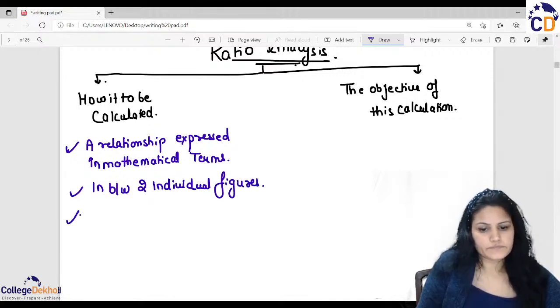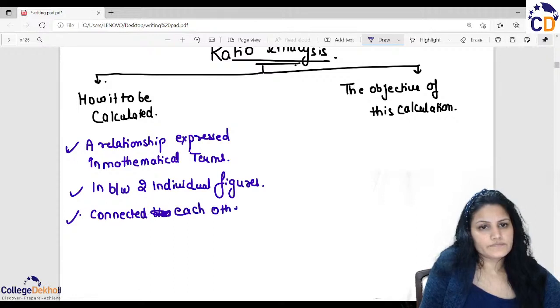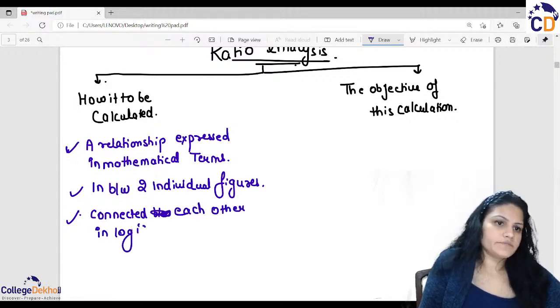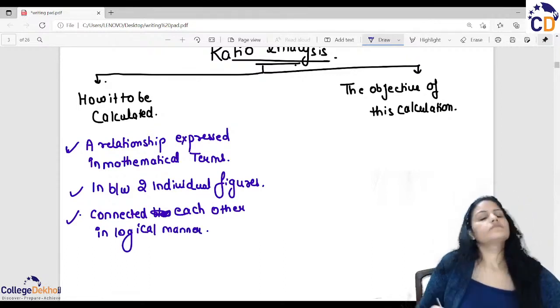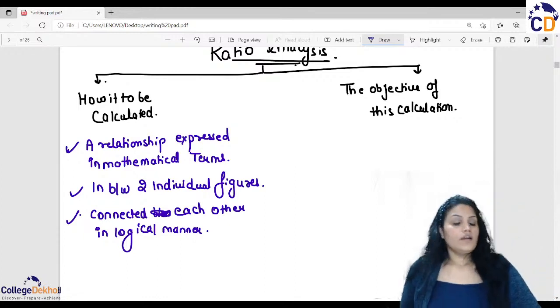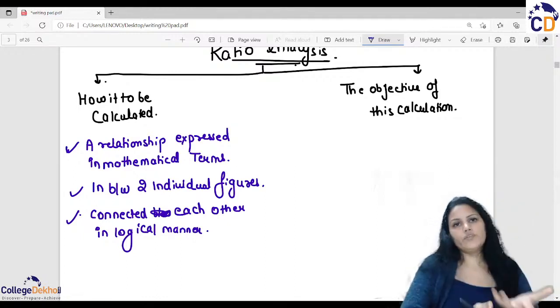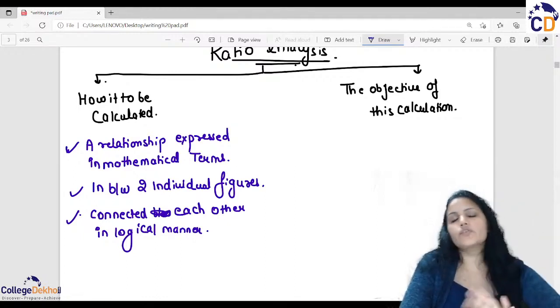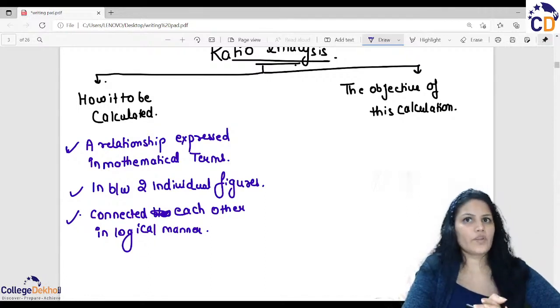Third point, connected to each other in a logical manner. That's why we need to calculate the ratio analysis.